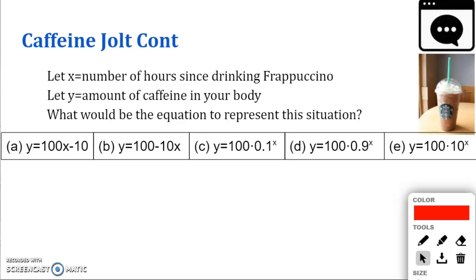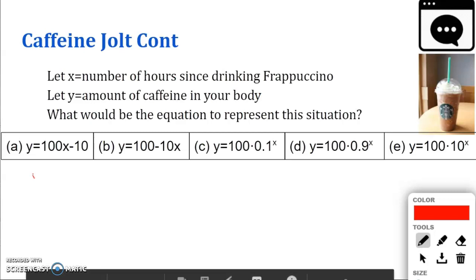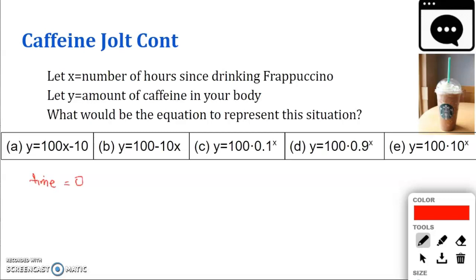Okay, so assuming you had an answer, let's see how we can figure this out. Let's just jot down what we know already. When time is equal to 0, how much did we start off with?